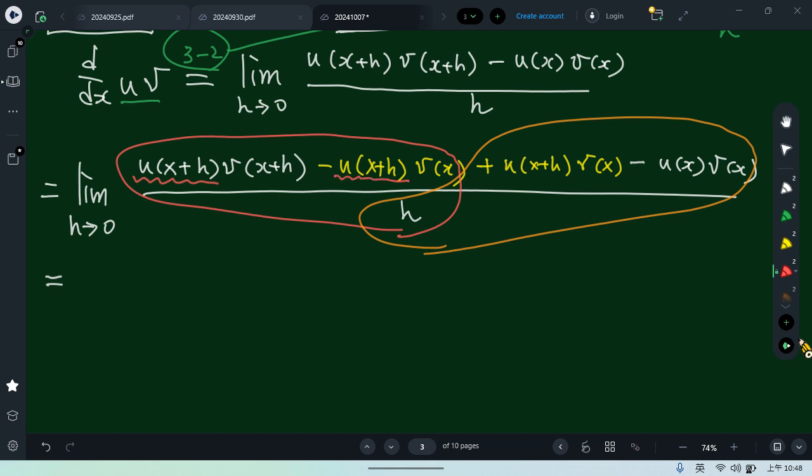So we can convert it as limit as h approaches 0 of u of x plus h, times limit as h approaches 0 of v of x plus h minus v of x over h. We just move the common term out, separate into two limits, and then multiply them together.